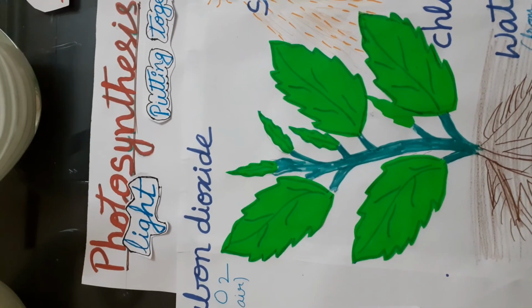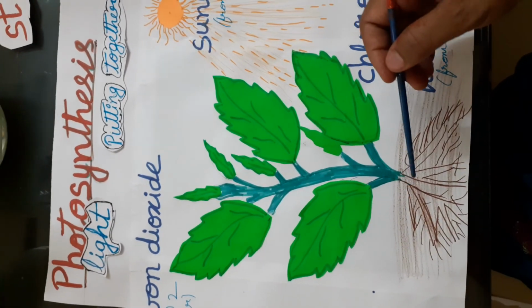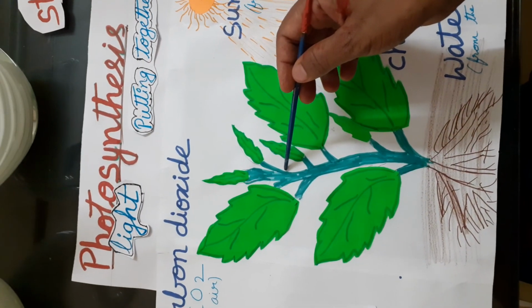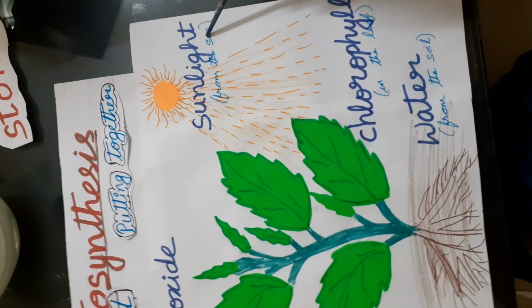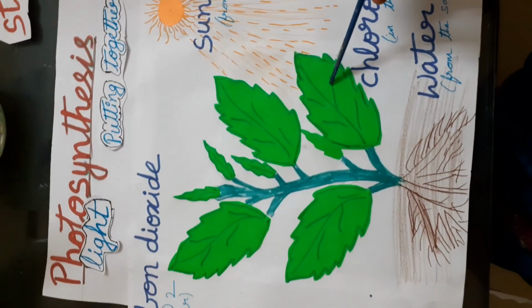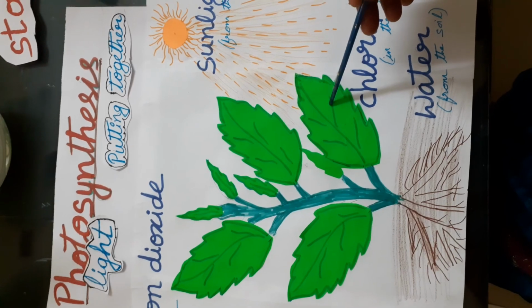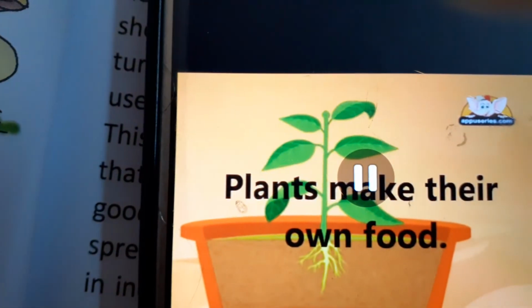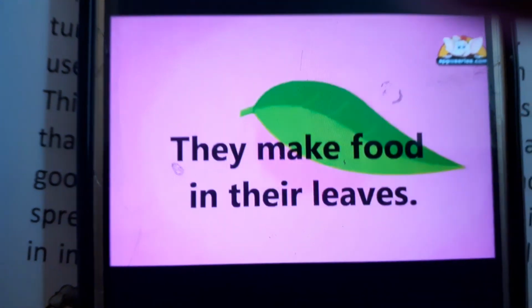Now, what is photosynthesis, children? The plant takes carbon dioxide, sunlight and water in the presence of chlorophyll and prepares the food. Plants make their own food. They make food in their leaves.